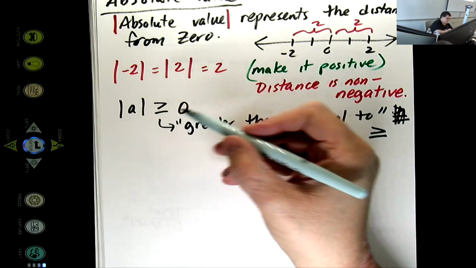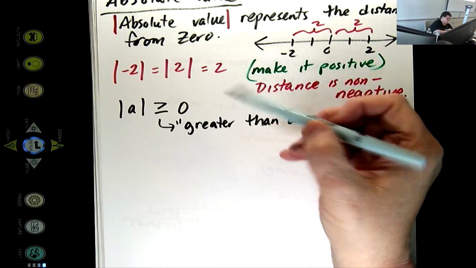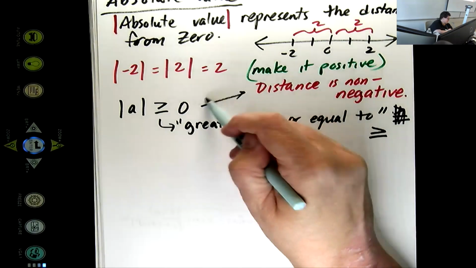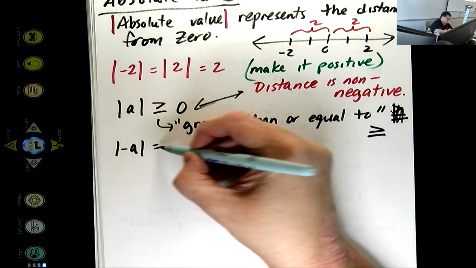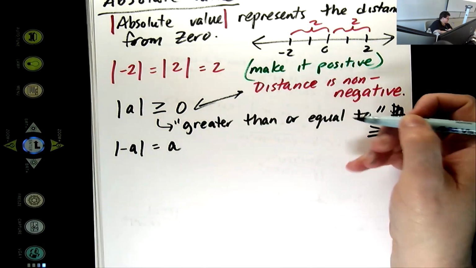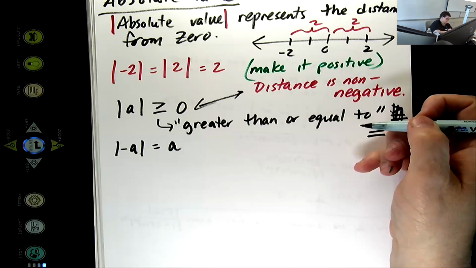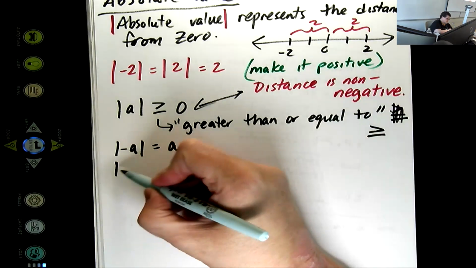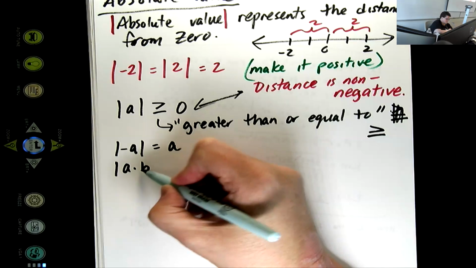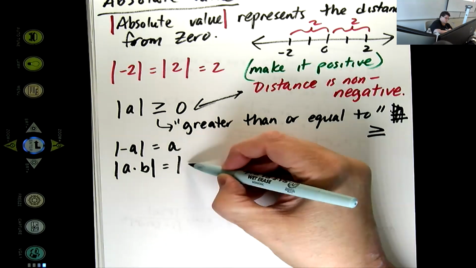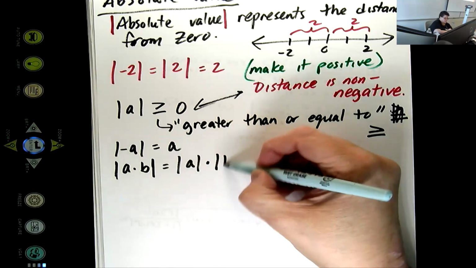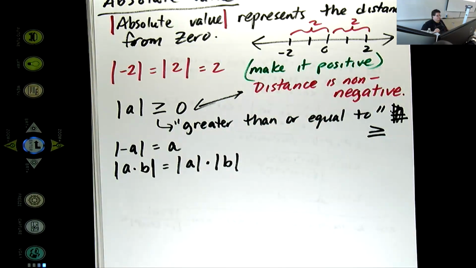So absolute value is A, if A is greater than or equal to 0, that's the whole non-negative thing. We already showed that it's the same thing as positive A. Multiplication works. We can distribute absolute value signs.